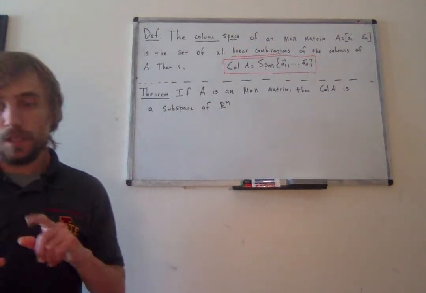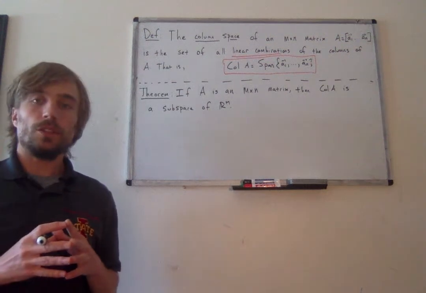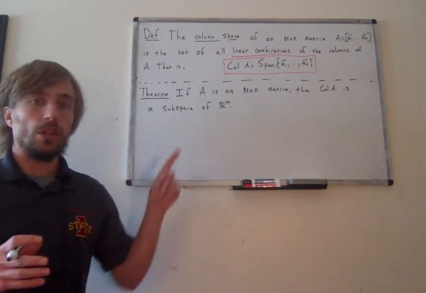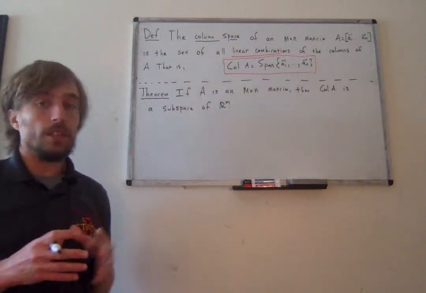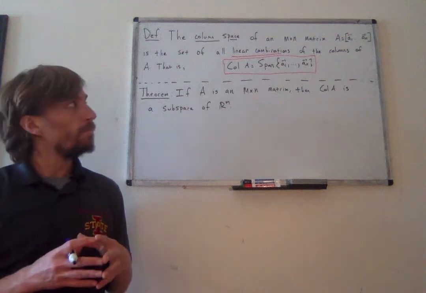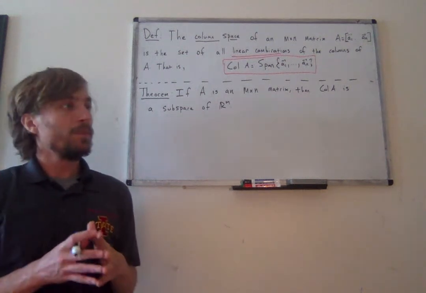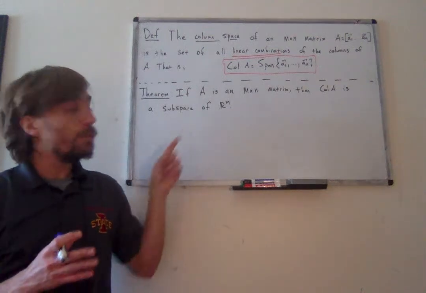The proof for this is actually fairly straightforward given the theorem and the definition and what we already have shown to be true. So for now, I'll leave the proof of this as an exercise.